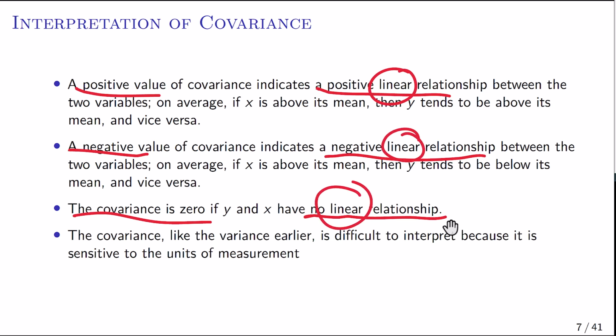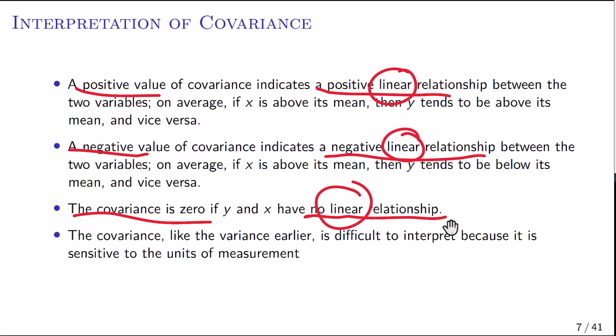The covariance is a measurement of a linear relationship. Especially when the covariance is 0, we could not say there is no relationship between x and y. We need to say there is no linear relationship, okay?